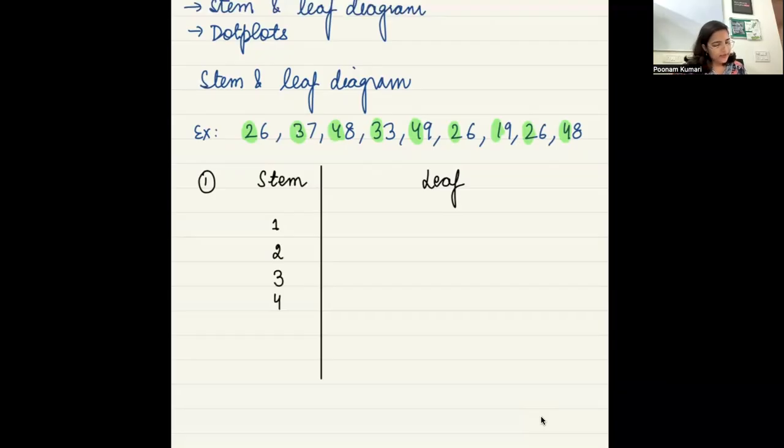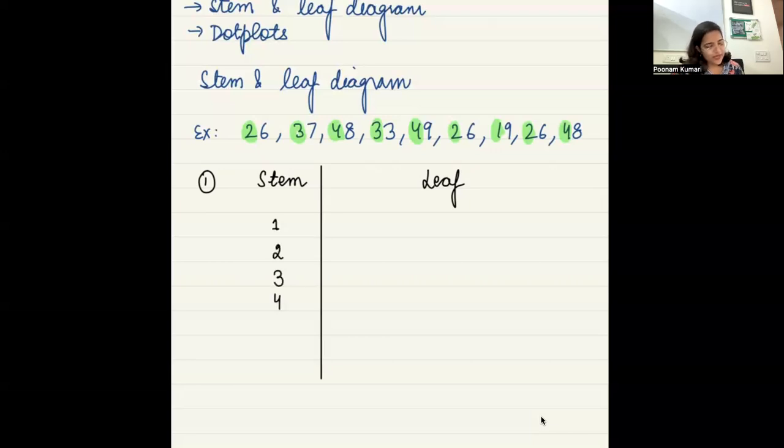Okay, and then you have to list all these stems in a column which we have written, and then what do you have to do? In front of the stem, write all the numbers that are there as leaves. Okay, so what are the numbers that I have here? In front of 1, what else is there? 19. So I have a 9, and then that's all.